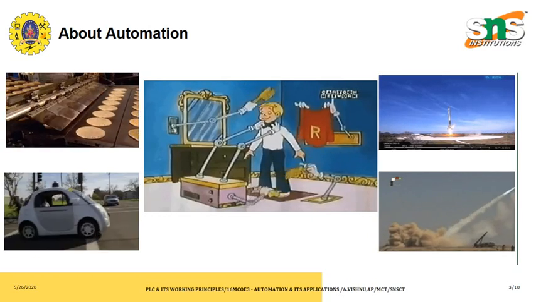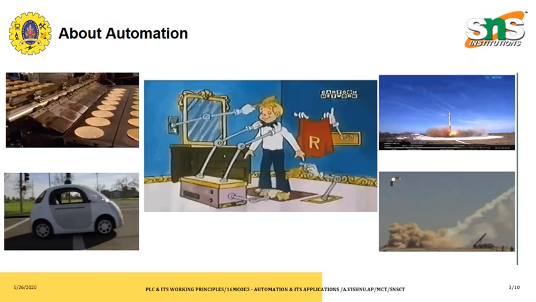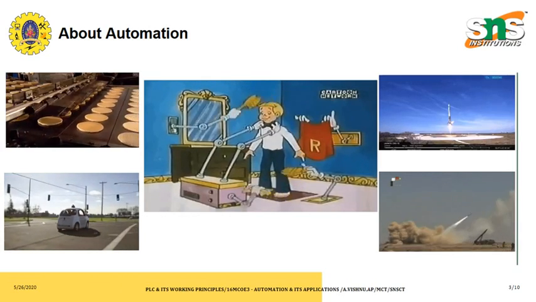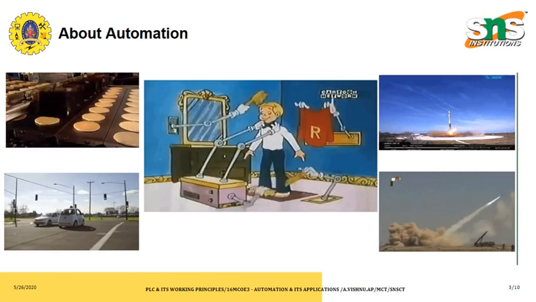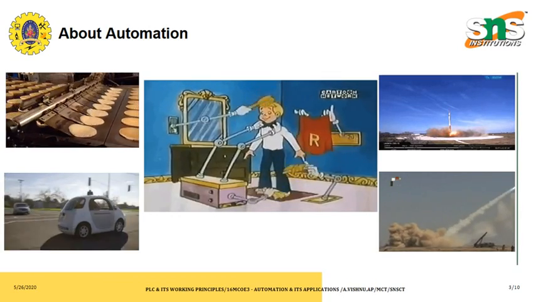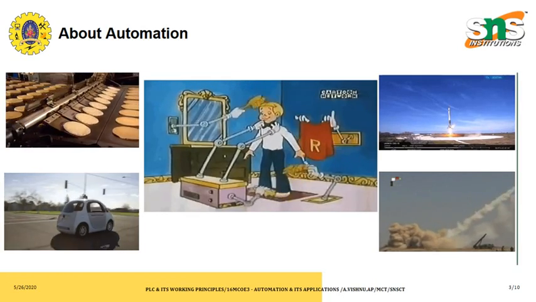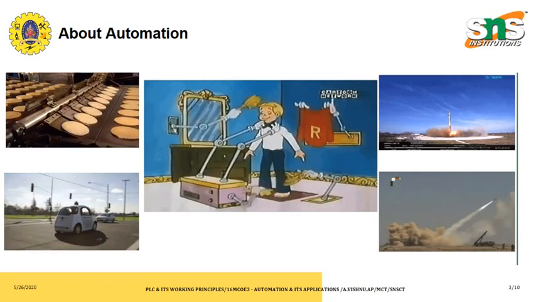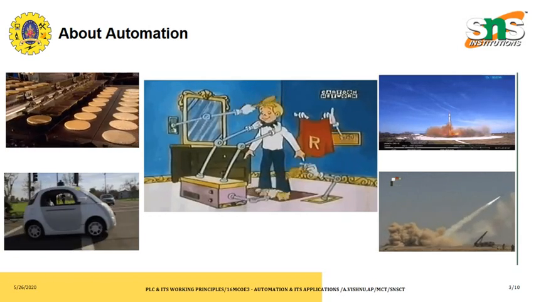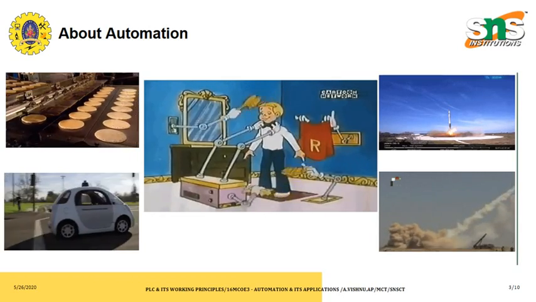Another image in the bottom right corner of your slide shows a missile which automatically targets its opposite army. And there is a self-driving car in the left corner of the slide which drives inside a street with the help of some sensors, with enhanced safety in the streets.